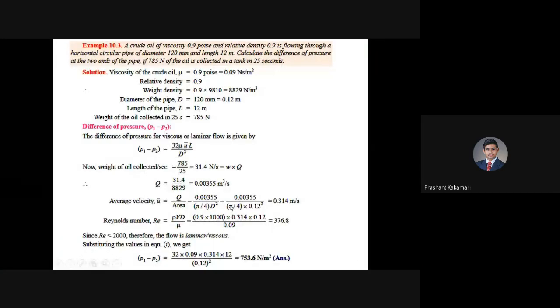Yes. All of you understood the discharge, how they found out in meter cube per second? Yes, sir.